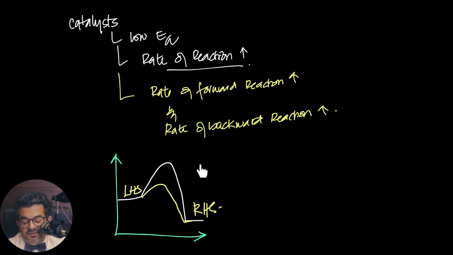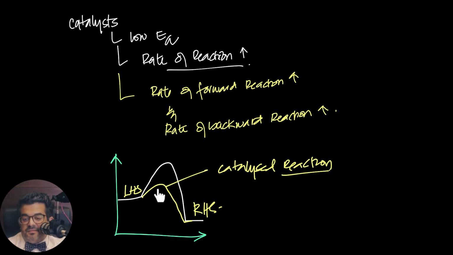So when you use a catalyst, this is the catalyzed reaction. The syllabus expects you to know that if you catalyze a reaction, both the rate of the forward reaction and the backward reaction increase and will stay equal.